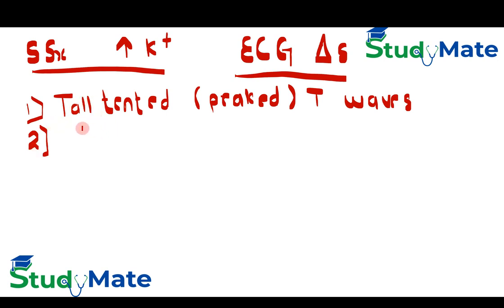The second thing that you will notice will be increased PR interval that will ultimately signify bradycardia.